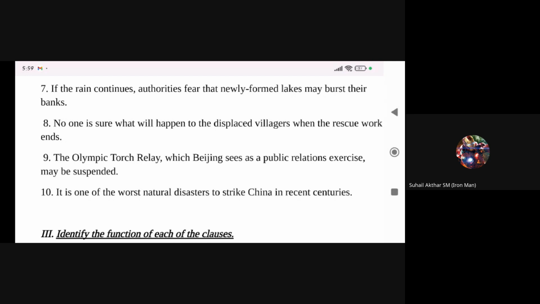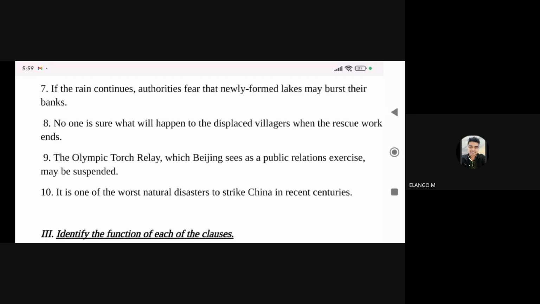Do you have a subordinate clause here? No subordinate here, nothing here, right? There's a long clause as an object here, but that is not a subordinate clause. One of the worst natural disasters to strike China in recent centuries, I don't think it has any subordinate.